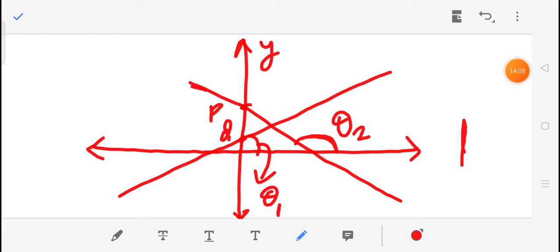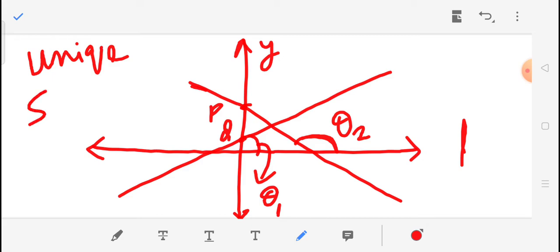Okay, now let us try to understand the other case. In this case we can write, this is for a unique solution. After this discussion we can derive the relation.